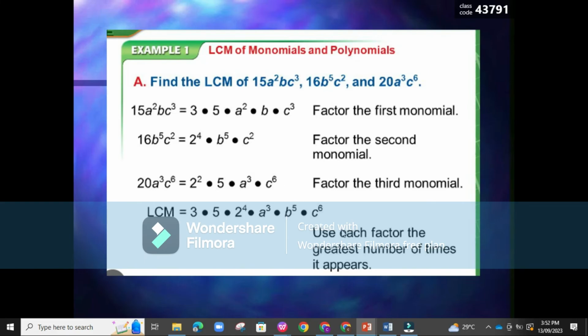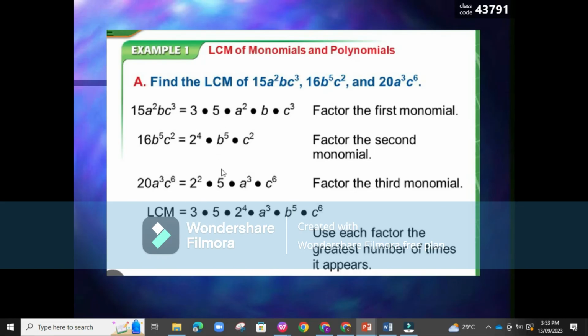Now, we use each factor the greatest number of times it appears. We have here 3 times 5. There's no common factor for 3, so just write 3.